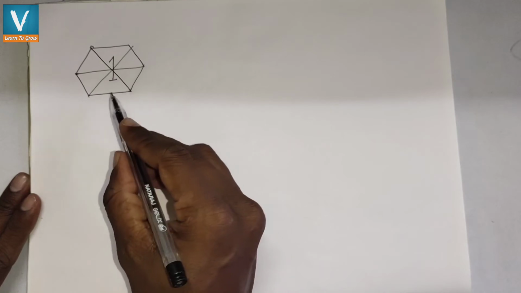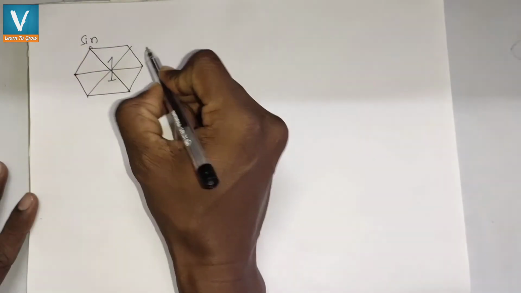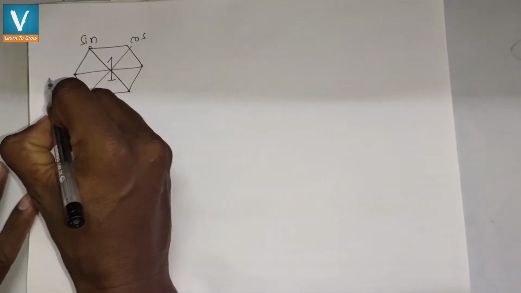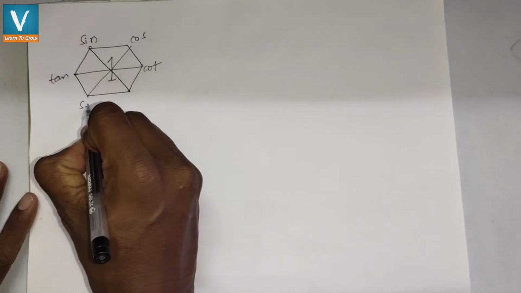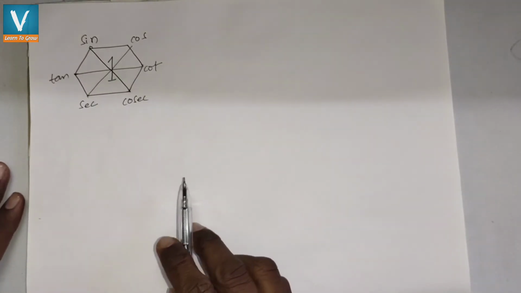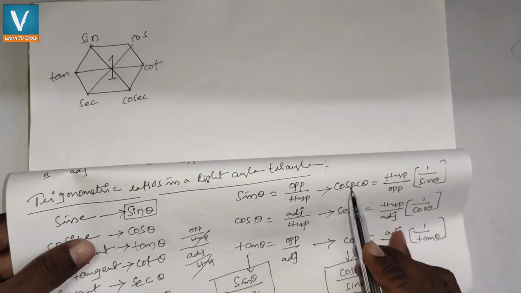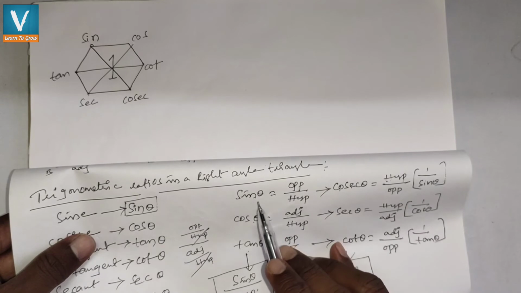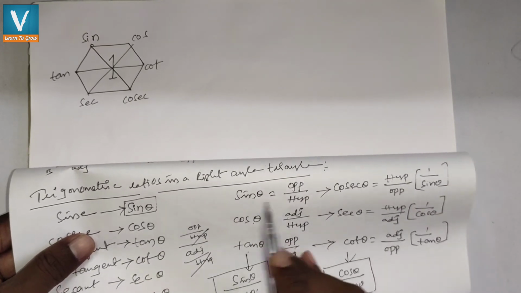Now I am writing the 6 trigonometric ratios: sine, cos, tan, cot, secant and cosecant. We already discussed that cosec is the multiplicative inverse of sine, or sine can be written as 1 by cosec, the reverse form.